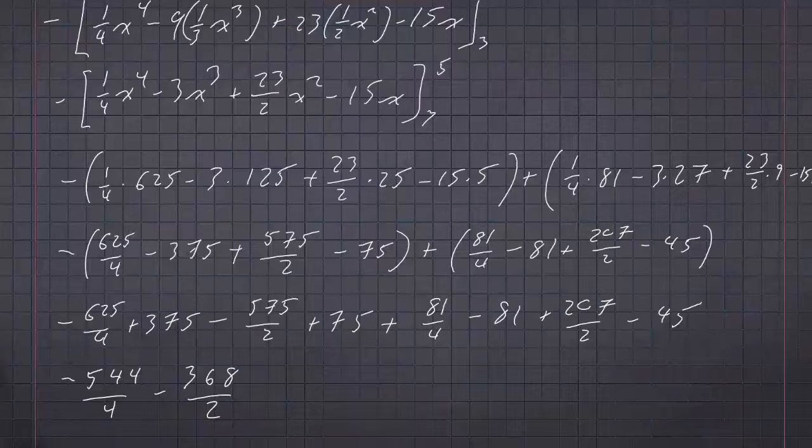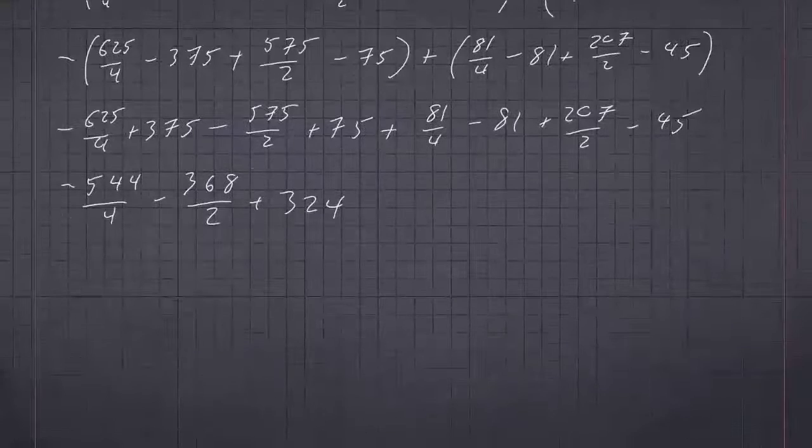And then we have the whole numbers. 375 and 75 is 450. 450 minus 81 is 369. 369 minus 45 is 324.